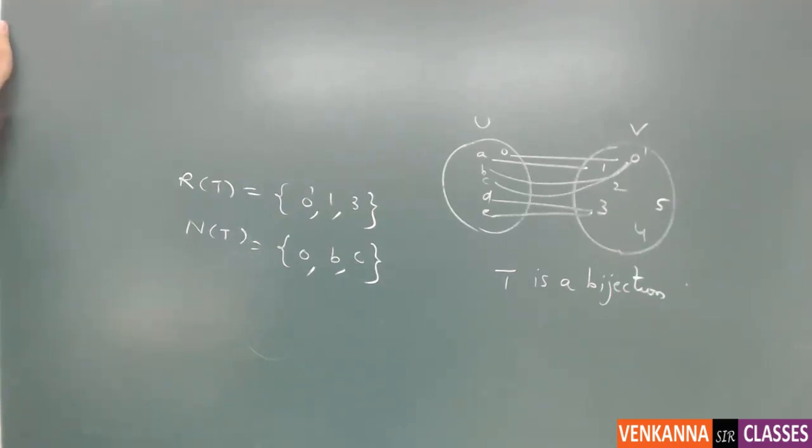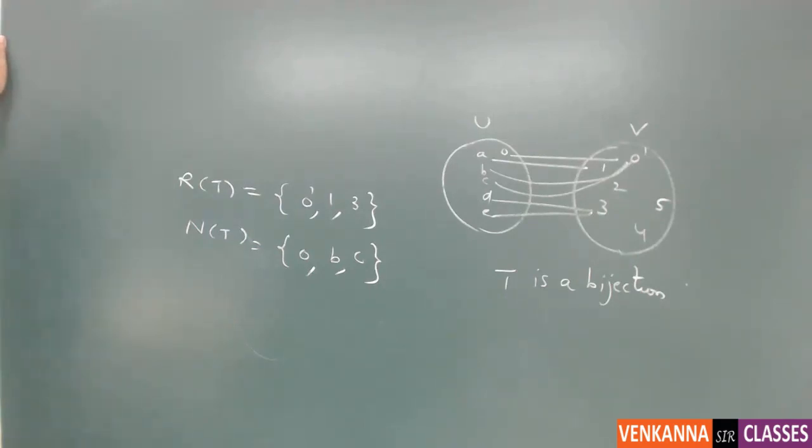Now, in other terms we say that if the function T is non-singular, then it is invertible. So how do we say that T is invertible? By checking it is non-singular or by checking it is a bijection.